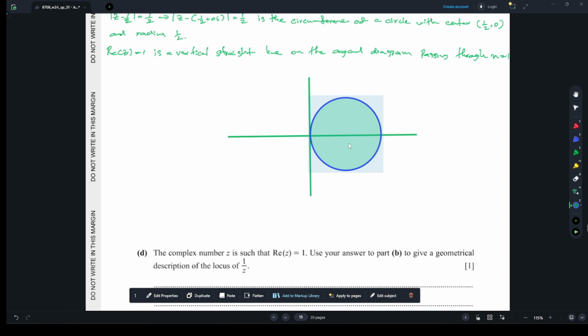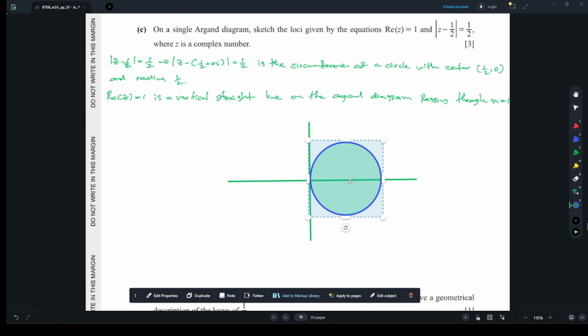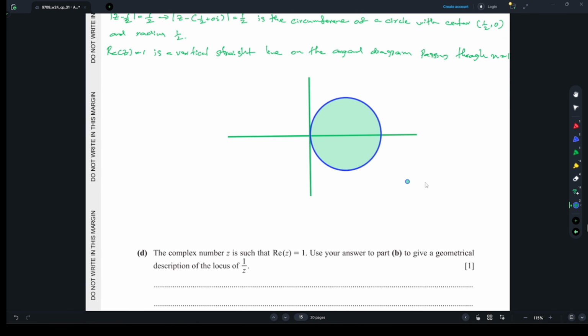Circle with the center is half and 0. Okay, so let's keep it like this, and the radius is half. So half and 0. So then it will be something like this. Okay. So this is real axis. This is the imaginary. This is 0, and this is the half.